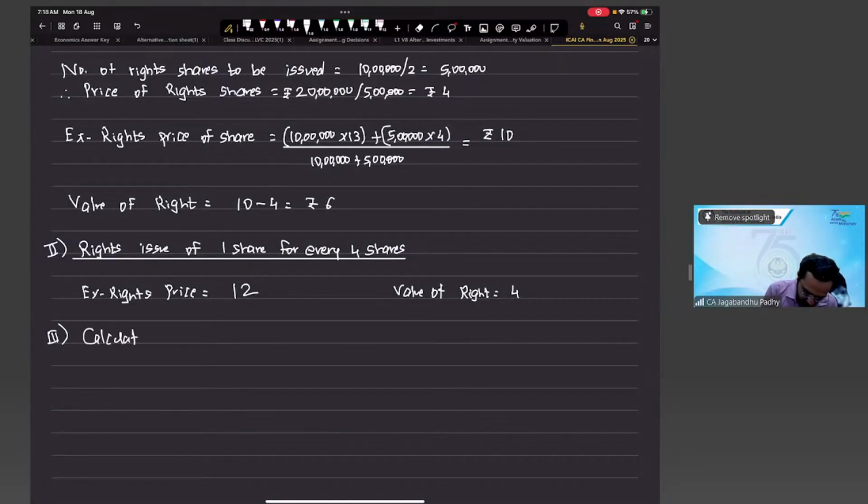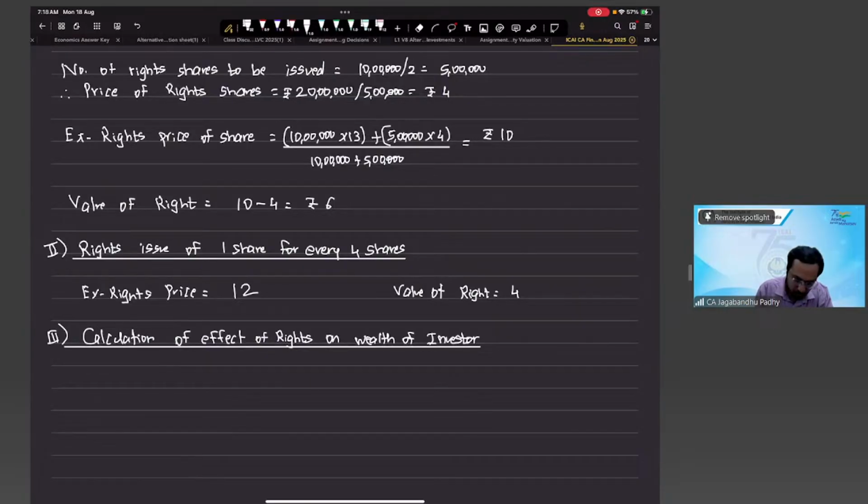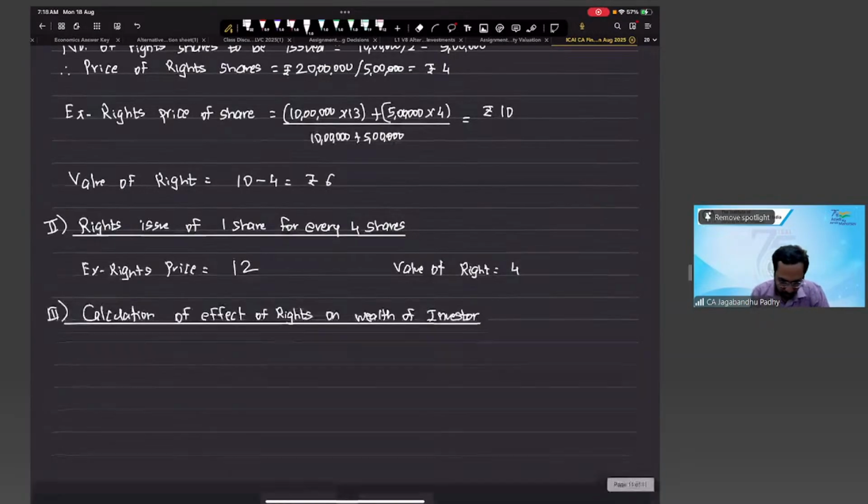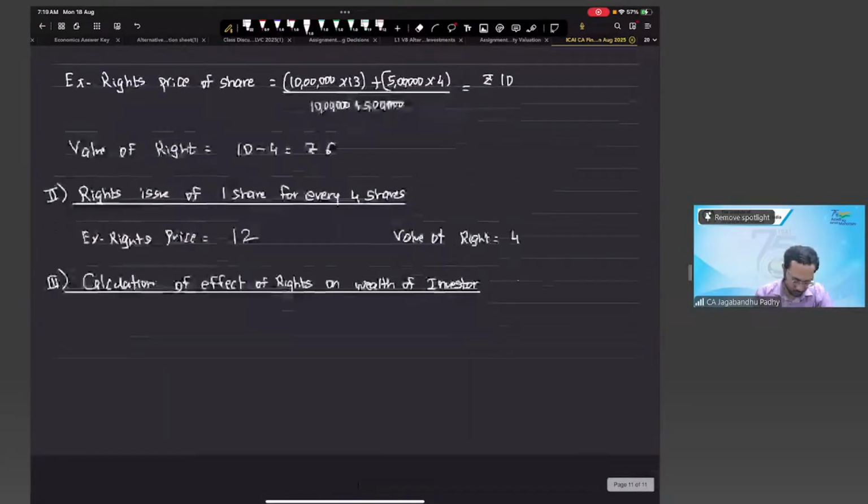Calculation of effect of rights on wealth of investor.